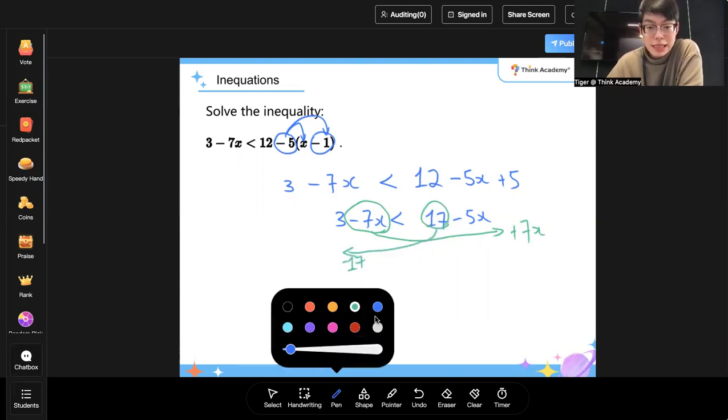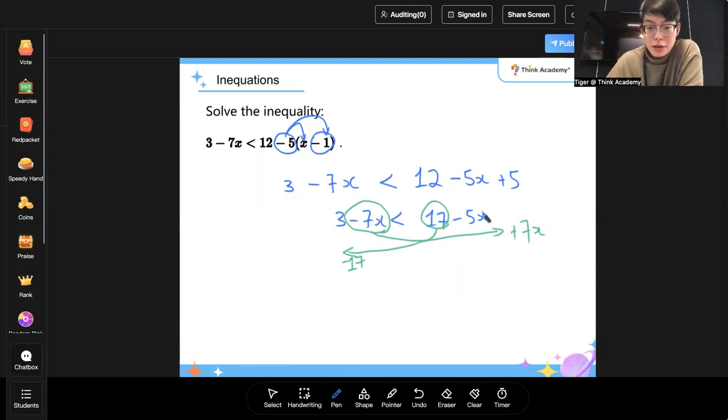So the next step is going to be on the left-hand side, 3 take away 17, that's minus 14. On the right-hand side, minus 5x, adding 7x, that's going to be 2x. So minus 14 is less than 2x, which means 2x is greater than minus 14.